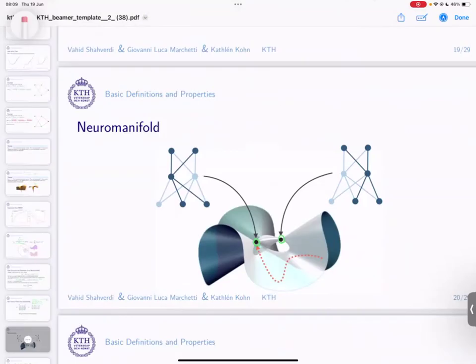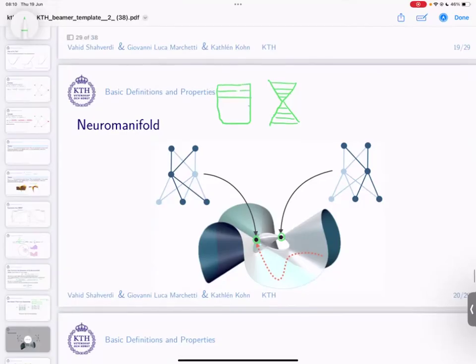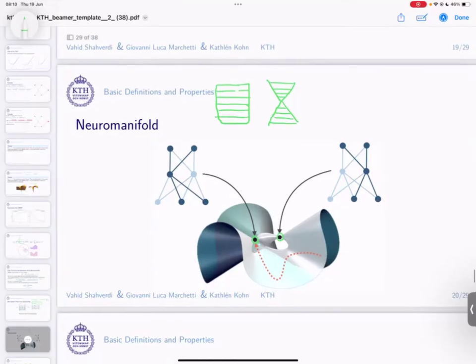Imagine the following. This is your domain. Each line maps to this line in here, but the whole line in here is going to map to one point.